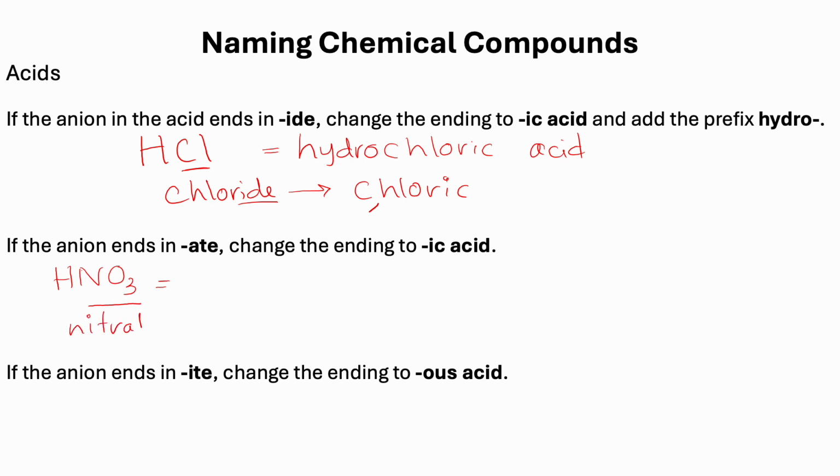We know the polyatomic ion nitrate, so we write the name as nitric acid. If you have H2SO4, the polyatomic ion is sulfate here, which is ending with ATE, so the name is sulfuric acid.